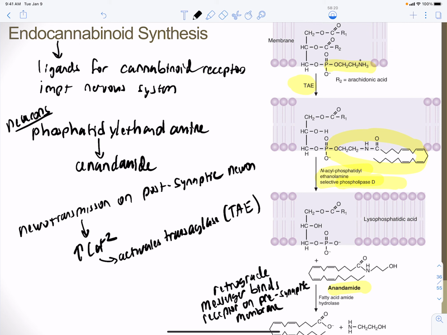And its binding is going to alter the ion influxes such that neurotransmitter release from the presynaptic neuron can be increased, and it results in an analgesic effect.